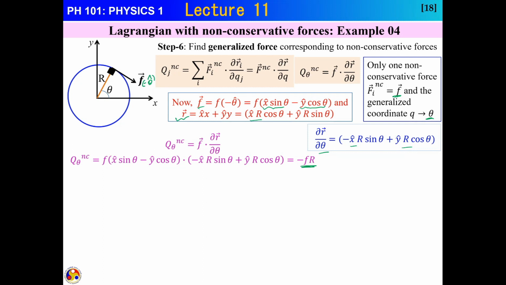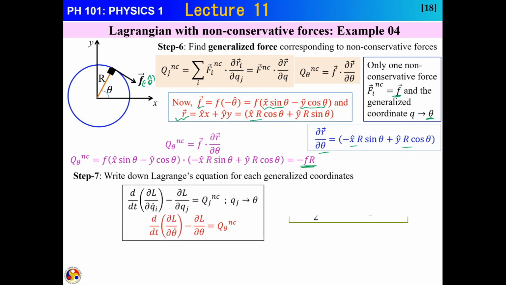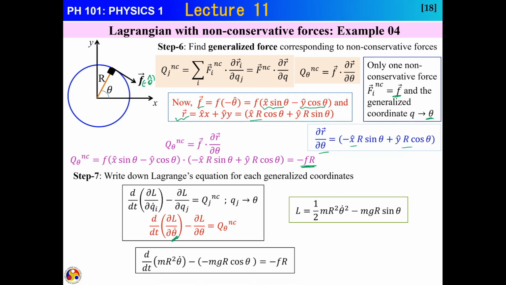So we can rewrite then the Lagrange's equation of motion for the generalized coordinate. We have only theta here, so the equation turns out to be this way. So L is known, so we can find out what is this term and put it up all together. That will give us m r square theta double dot minus m g r cos theta with the minus sign equal to minus Fr, or we can write it this way. So this also again can explain the equation of motion of the system beautifully, the same as the previous way.